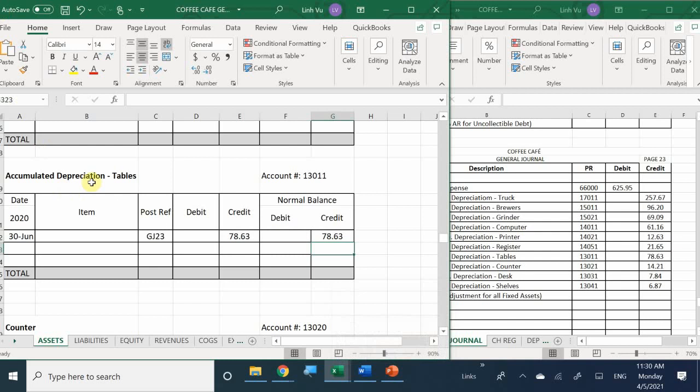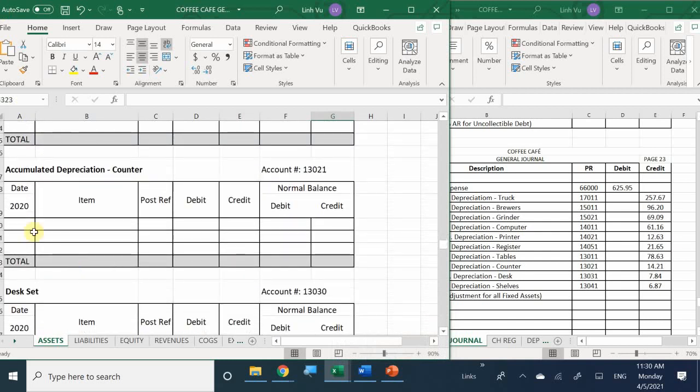Okay. What is my accumulated depreciation for my counter? 14.21. All right.